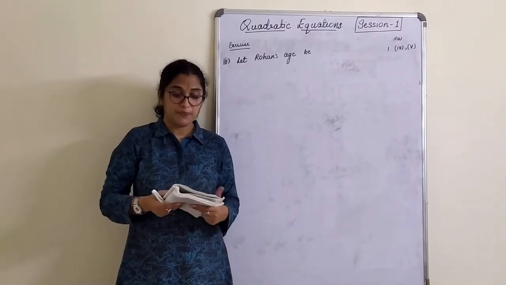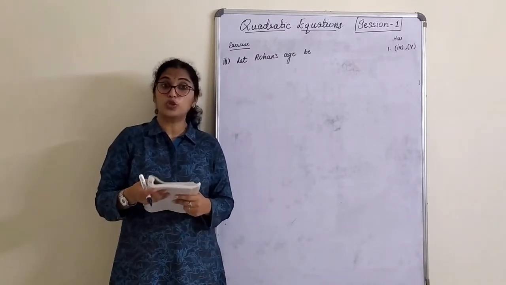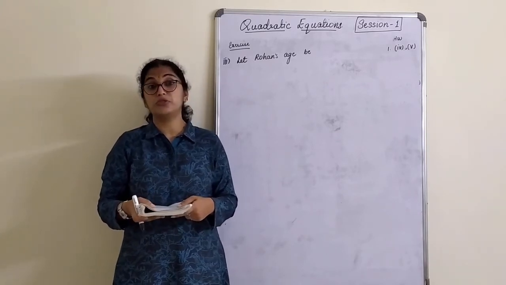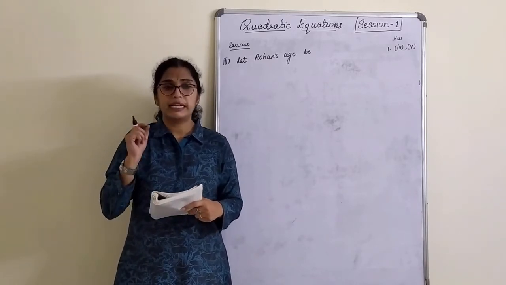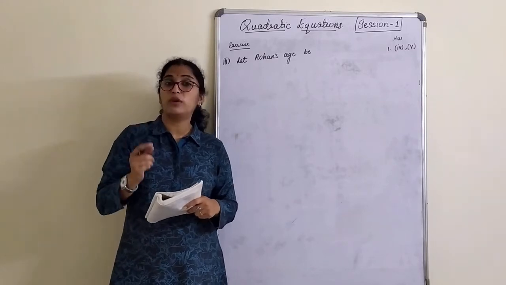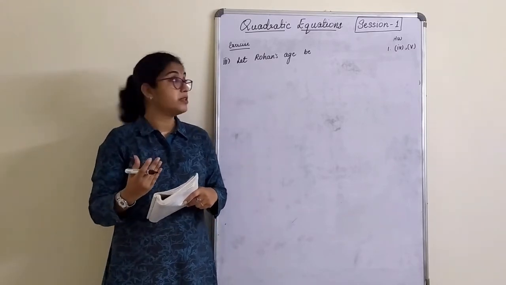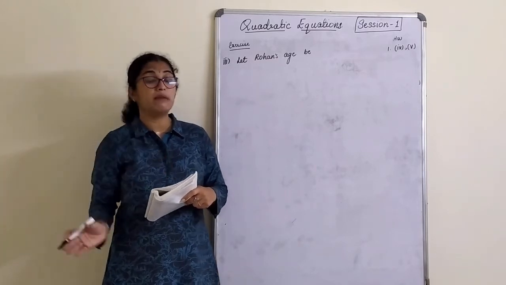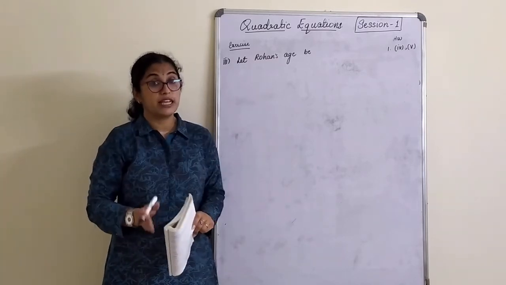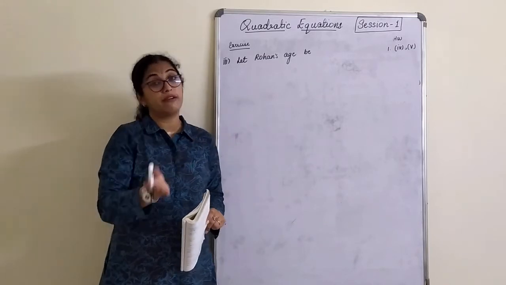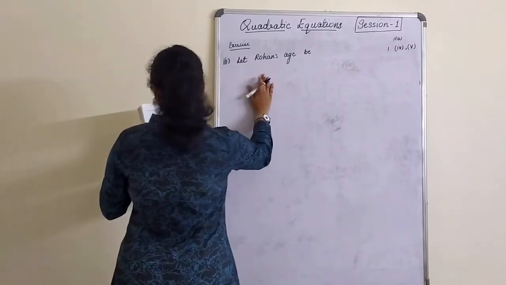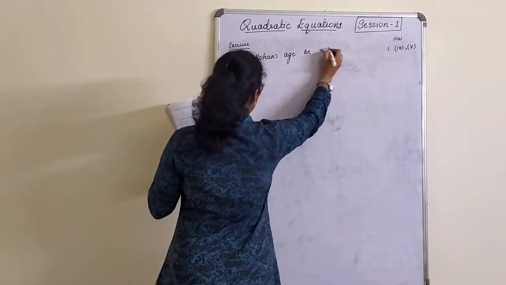Tomorrow in exam, when these sums are given, you should know whether this is a quadratic or whether this is linear. How do we come to know? We'll understand that. By the end of this chapter, you will be able to identify which sums can be solved only by quadratic, which sum can be solved only by linear, and which sums can be solved both by quadratic and linear. Okay. Let Rohan's age be x years.